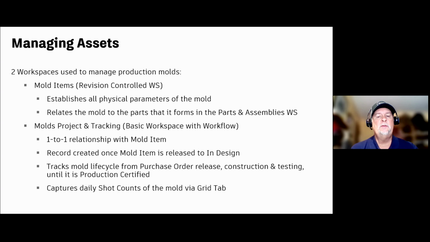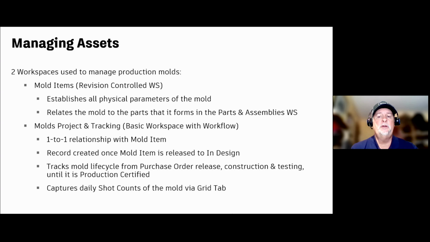The second workspace, like Scott said, is a basic workspace with workflow. This workflow is where we track the life of that mold from the release of the purchase order to our tooling vendor, through all of the various mechanical and process-related specification testing and rejection states, to ensure that the final product built by that mold meets all drawing specs, leading up to it being qualified for production.